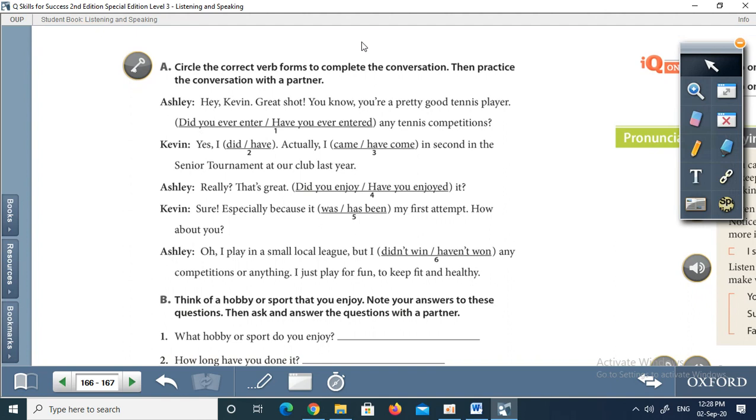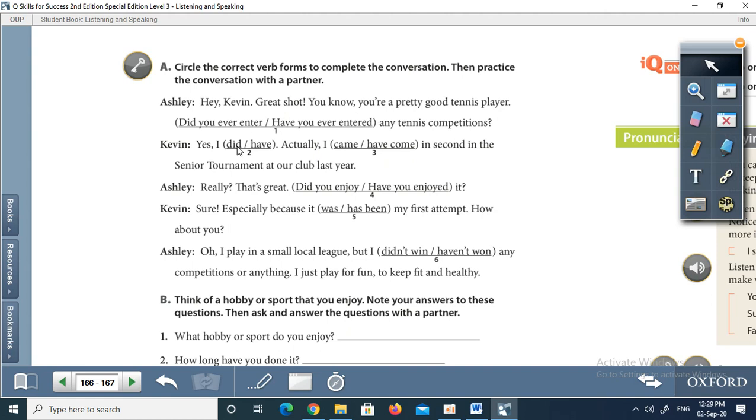And if you look at the exercise, you will see that there are 6 sections that have been underlined. Now, each of those has firstly the past simple tense and secondly the present perfect tense.